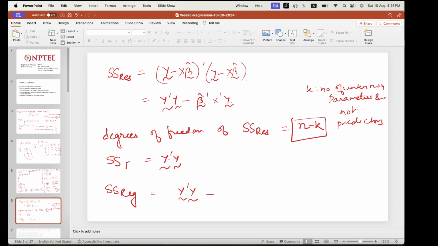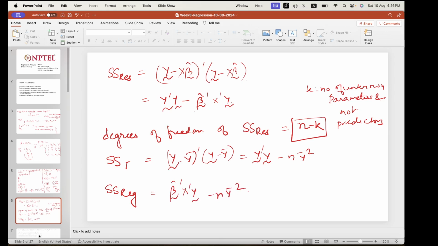Wait, SST is not this. Sum of squares total variation is actually y minus y bar transpose y minus y bar. That amounts to y transpose y minus n y bar square. SS due to regression would be this minus this, so you would land up at beta hat transpose x transpose y minus n y bar square.